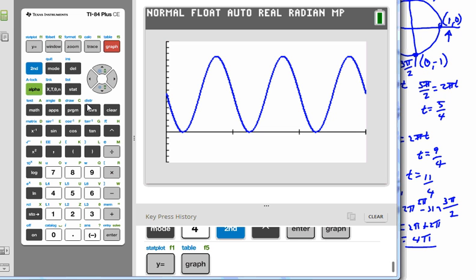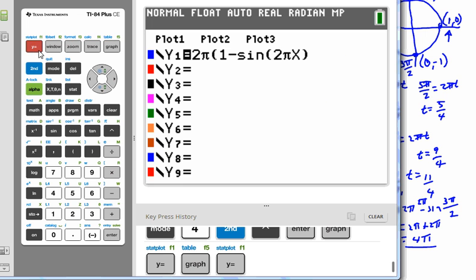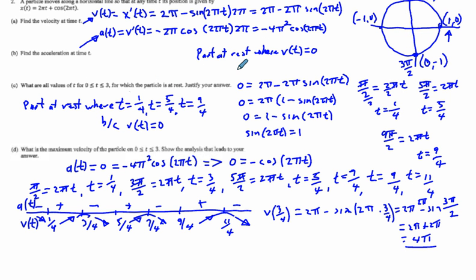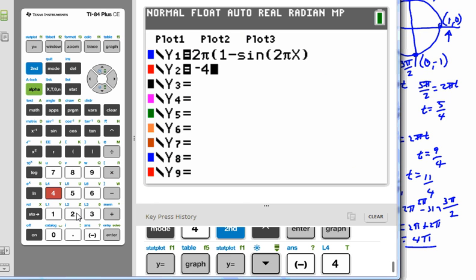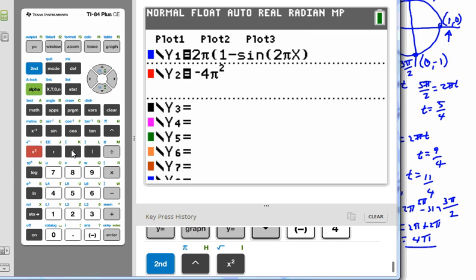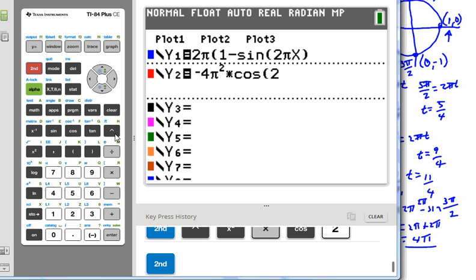And as far as what the acceleration looks like, I'm going to put this in red, it was 4 pi squared times cosine 2 pi x.